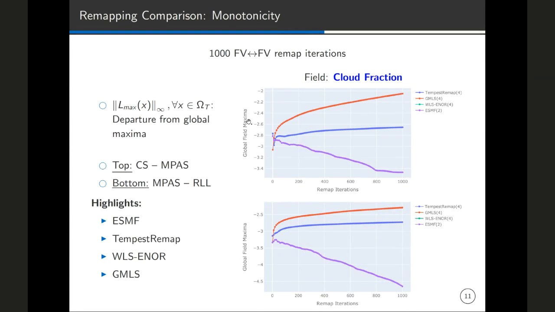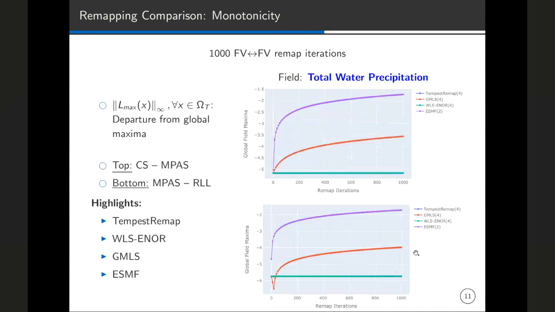And so the error difference between the maxima on the exact solution and the maxima on the numerical solution is 0. And so the WS-ENOR scheme does not show a plot here, but that just means the WS-ENOR is actually more accurate, and the Tempest remap performs well in terms of keeping it bounded. None of these remappers actually blow up, and those are good things.